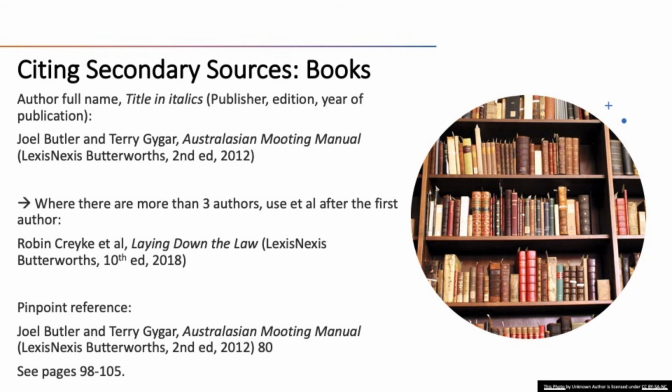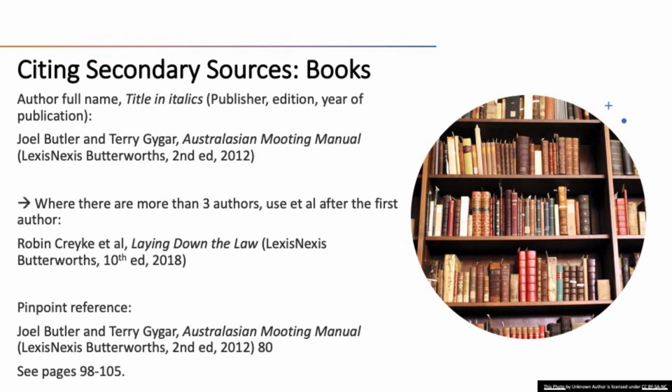Once you've got the authors sorted, you then need to provide the title of the book, which is italicized. So you can see the examples there: Australasian Mooting Manual and Laying Down the Law are both italicized. Then you need to place the publishing details within round brackets. So you can see that we need to first provide the publisher, then the edition number, and then the year of publication, and they're separated by commas.